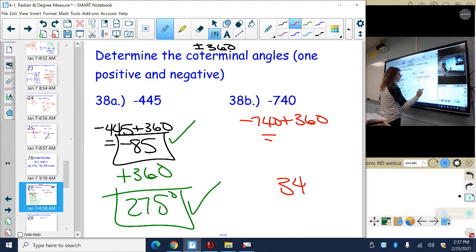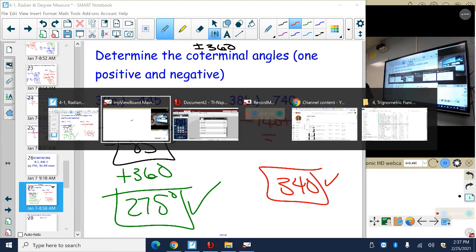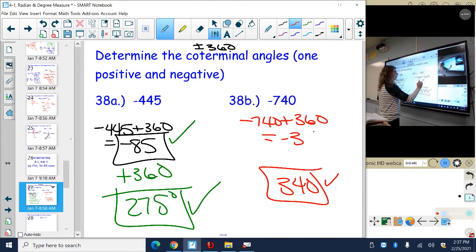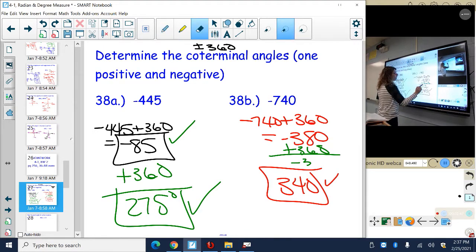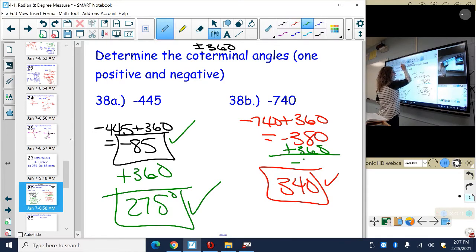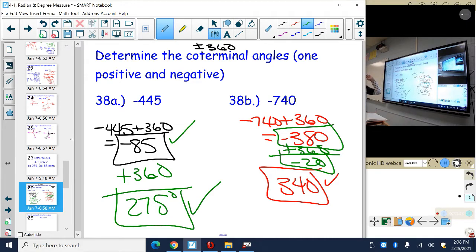So 340 was my positive, and I said before negative 380. And whenever I added 360 to that again, it gave me negative 20. That would work as an answer as well, but you only needed to give me one of them. So there's my positive, there's my negative, and it worked out just fine.